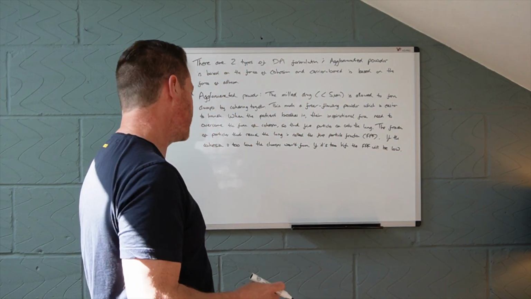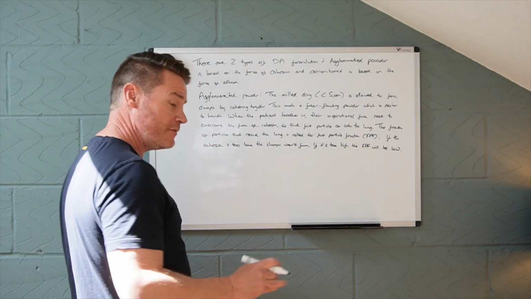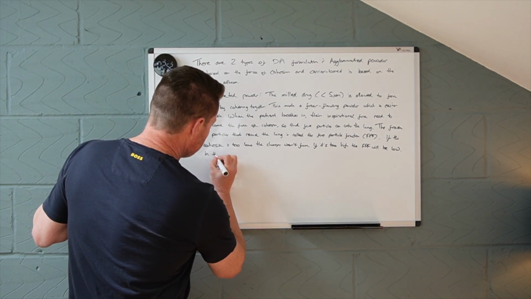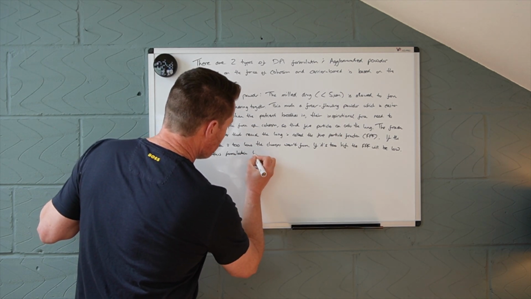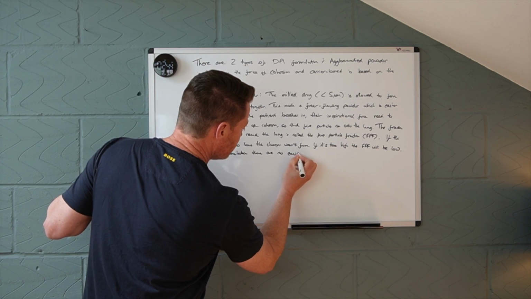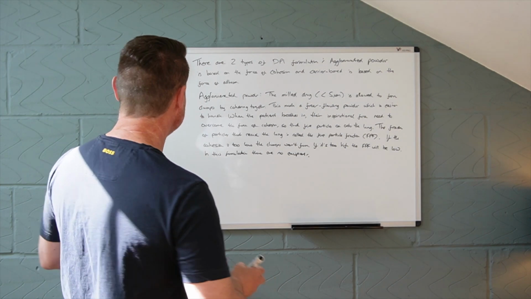So we're trying to strike a balance between clumps too high and clumps too low. And if really top marks, you could also note in this formulation there are no excipients. That really is covering all aspects of that.